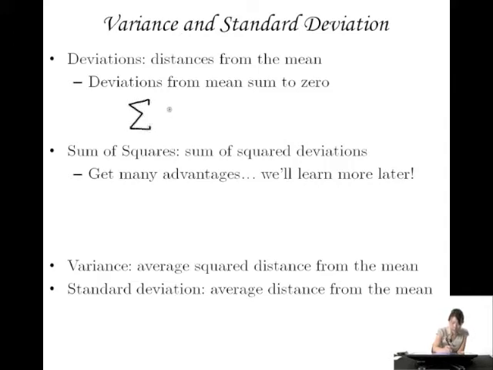So the summation sign, where we take each value in our distribution, x sub i, and subtract the mean, get that distance away from the mean, that deviation from the mean. When we add all those up, where i goes from 1 all the way to n, however many we have in our sample, we basically get 0.